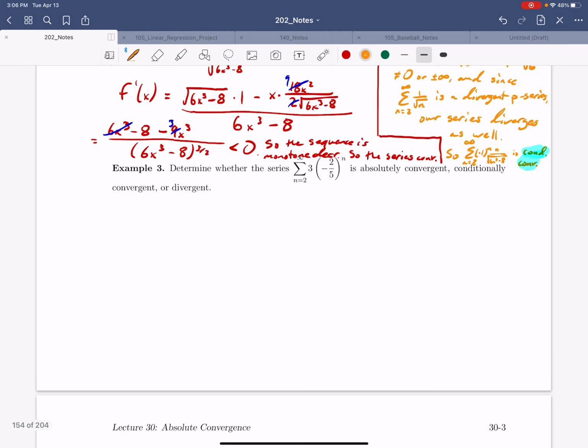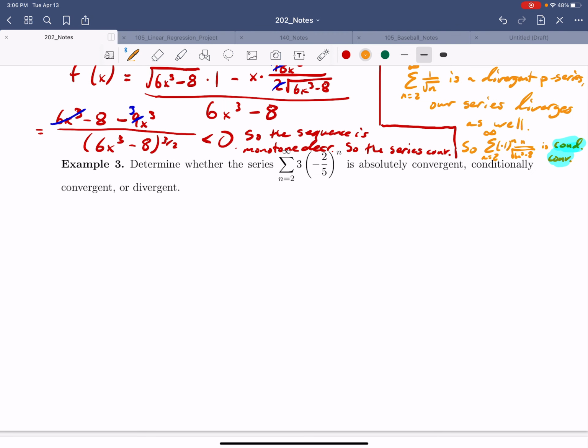Okay, let's take a look quickly at example 3 now. Determine whether this absolutely or conditionally converges or whether it diverges, this guy. So hopefully you could take a look at this and realize that it's a geometric series. I hope you could recognize the geometric nature of it.